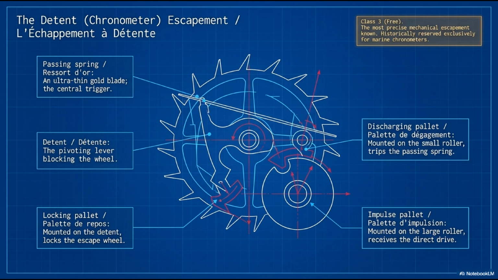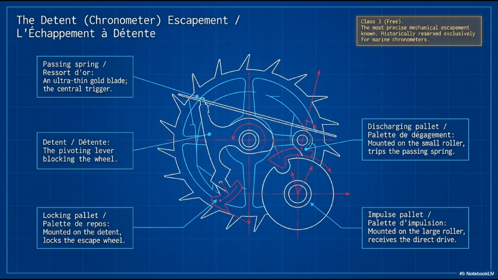Operating principle: during the descending arc, the discharging pallet contacts the passing spring and gently deflects it. This deflection moves the detent, lifting the locking pallet away from the arrested tooth. The escape wheel advances, the advancing tooth contacts the impulse pallet, and energy is delivered to the balance. During the ascending arc, the discharging pallet approaches the passing spring from the other direction.